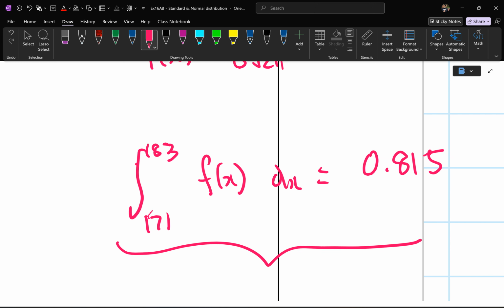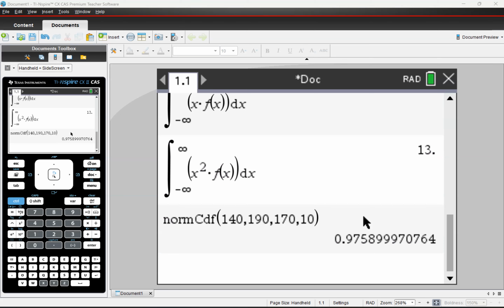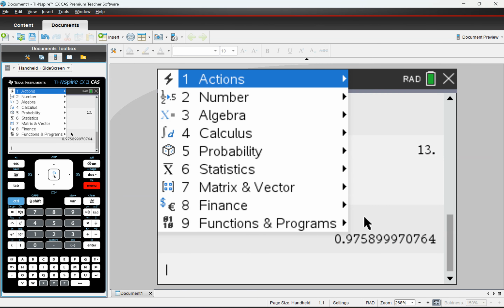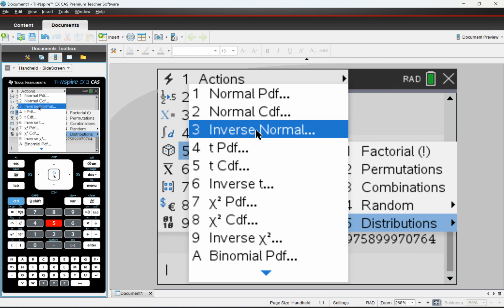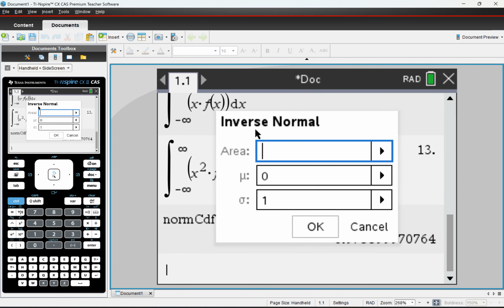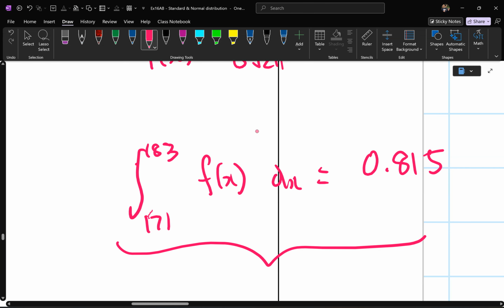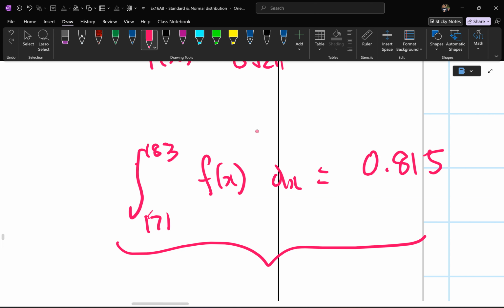Then there has to be a reverse, and there is a reverse on your CAS menu: probability, distributions, inverse norm. Inverse norm is essentially just doing the reverse. You've got the area, you just need A to B and what your standard deviation or normal is.